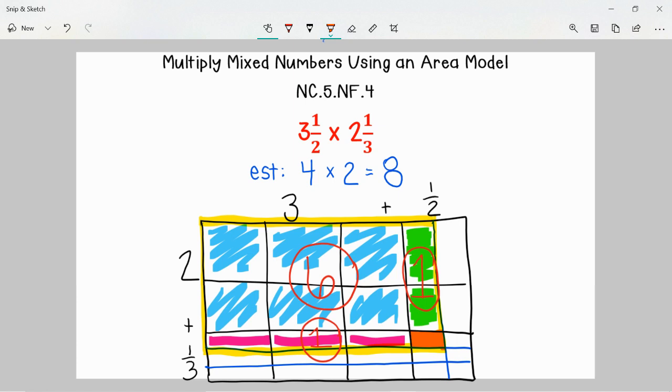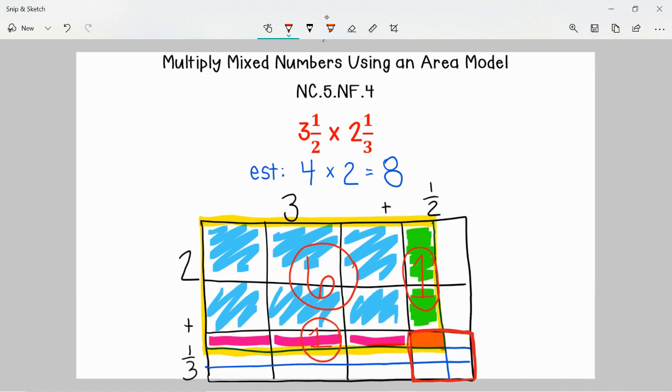What that represents is where we found a third of a half. This is where our model was split into 1/2 vertically and into thirds horizontally, and we are just working with 1/3 of 1/2. The way that we can figure out the value of that is we know that this rectangle or square right here has a value of 1 whole. We know that each of those in our model has a value of a whole.